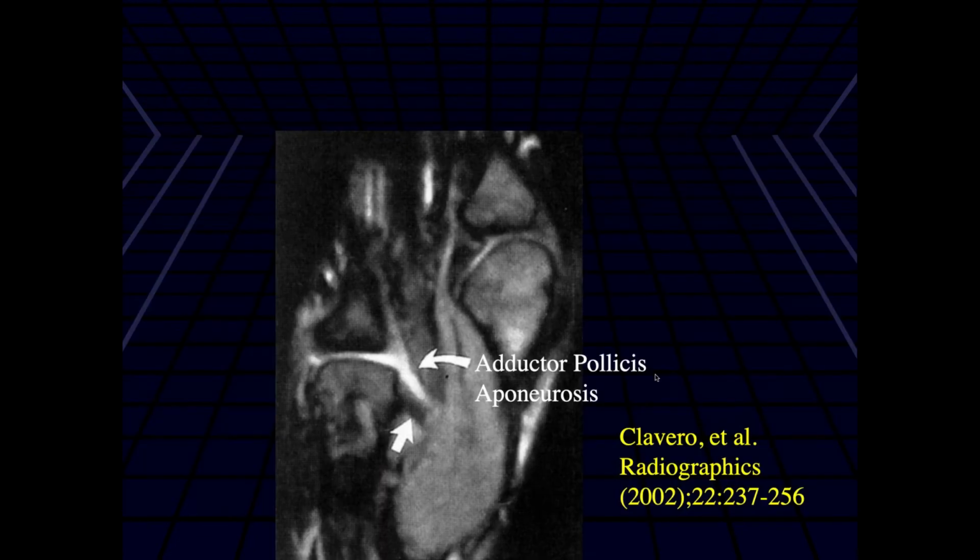Now, what we're looking for to determine whether it's surgical or not is if you have significant displacement, like John just said, of the ulnar collateral ligament. So here's a case from the literature where we can see that the ulnar collateral ligament has been torn off its attachment to the base of the proximal phalanx.